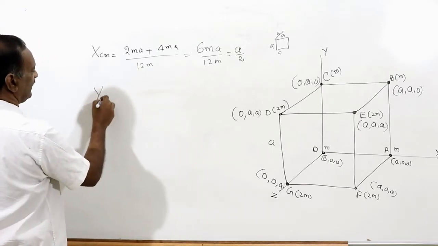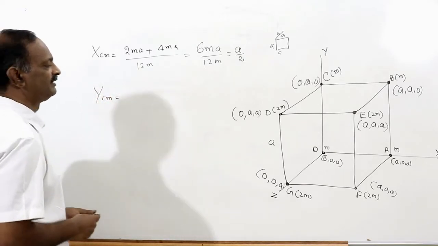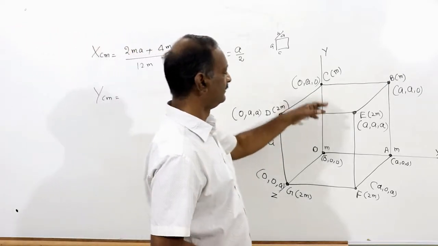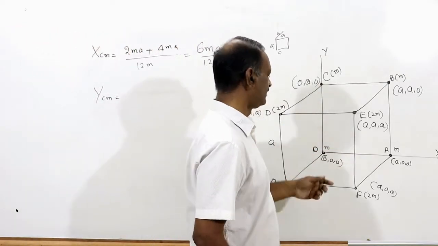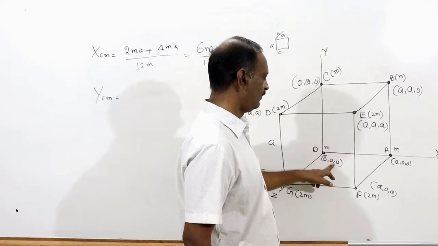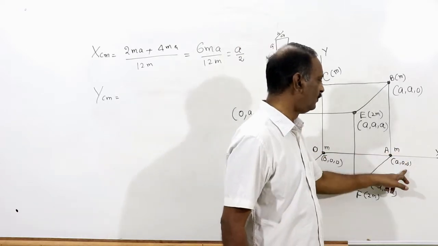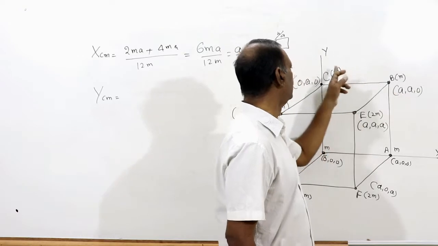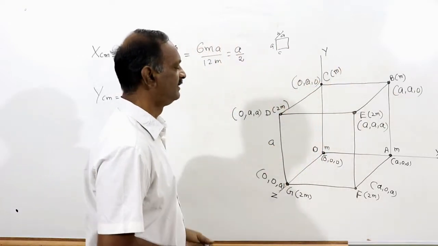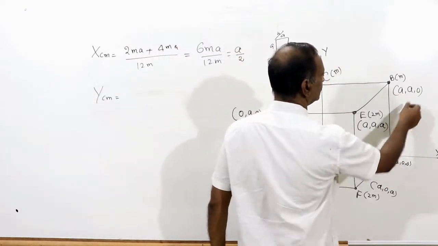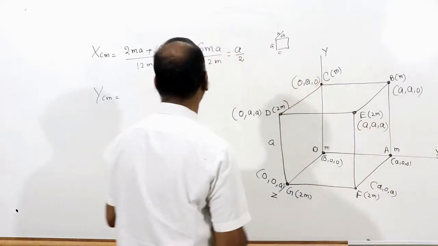YCM. In the same way we can calculate YCM. YCM is equal to what? You start from here, M first: M1 Y1, M2 Y2, M3 Y3, M4 Y4. It means this is 0, this is 0, this is MA plus MA, 2 MA.